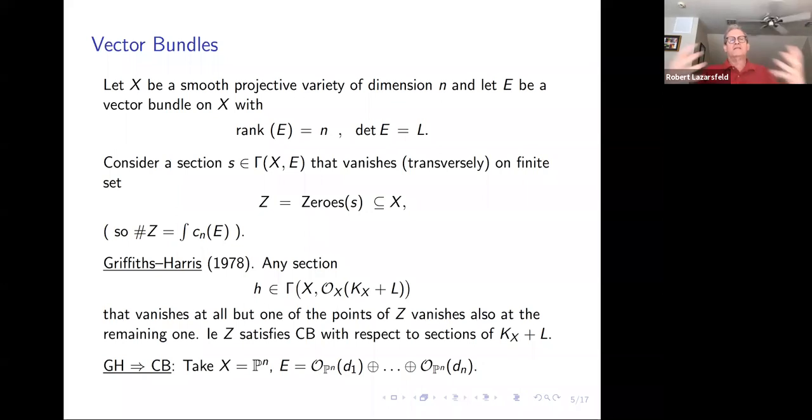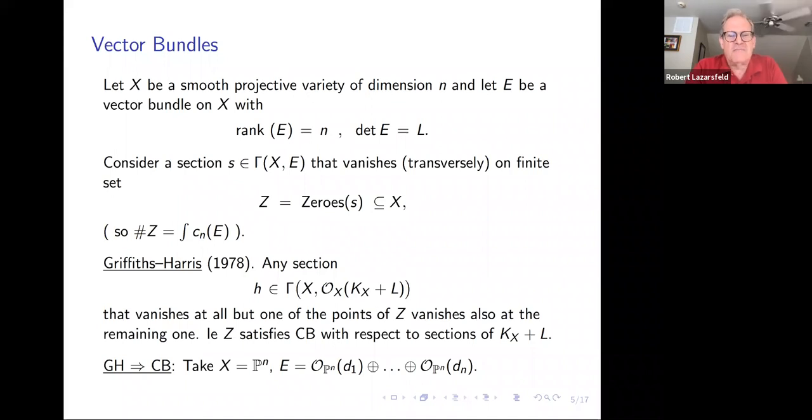Okay, so we've got a section of a rank n vector bundle on an n-fold that vanishes at a certain number of points. And of course, the number of points is computed by the top Chern class of E. So what's the statement of Griffiths and Harris?